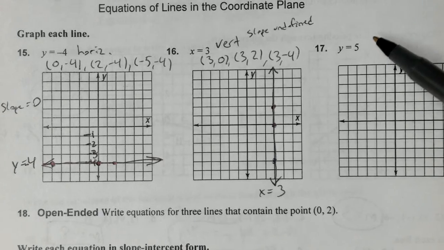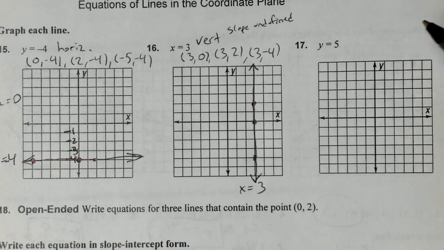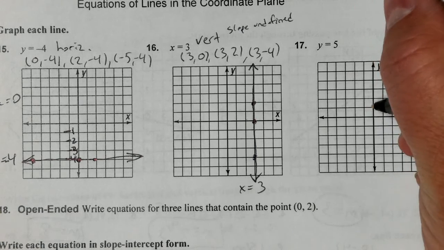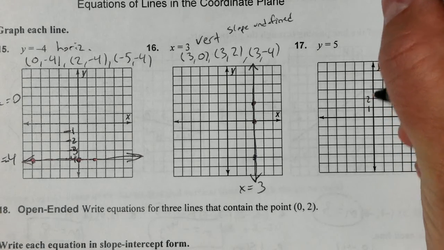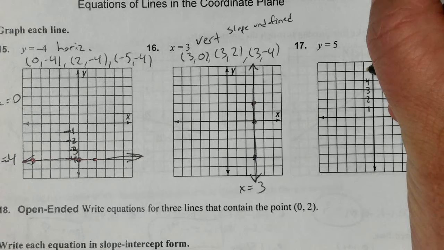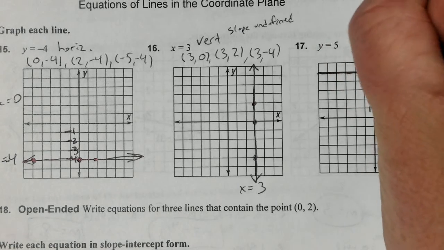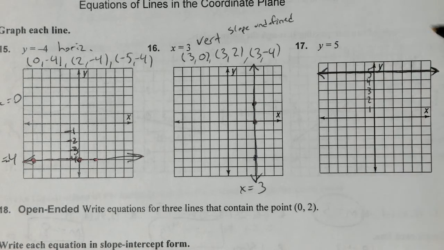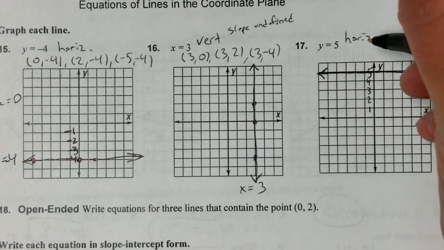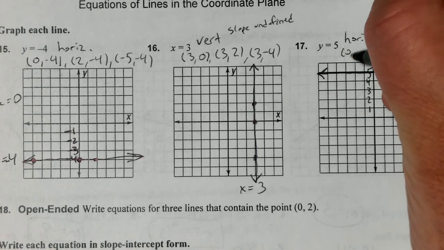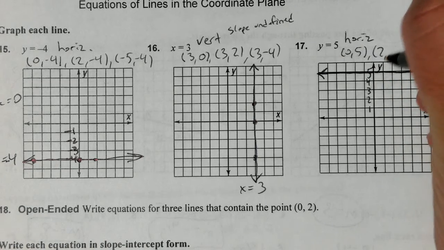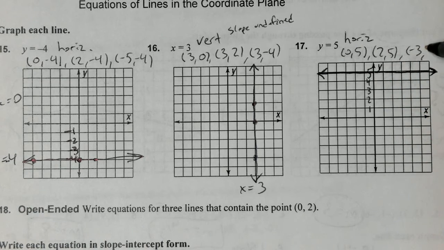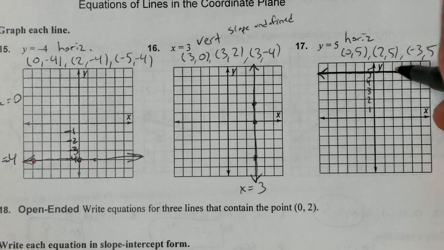Okay, for this one we have y equal 5, and so again we'll count by ones, and so that's just going to be this one. So again, this would be horizontal. It would go through 0, 5, 2, 5, negative 3, 5, whatever you want.